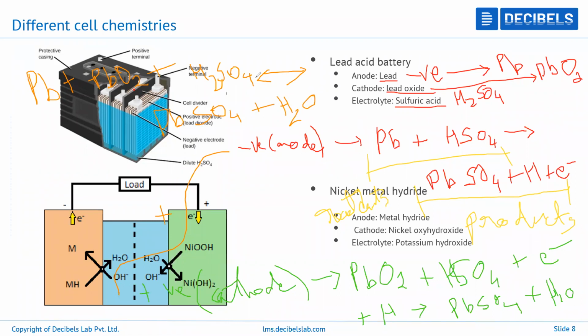This is your overall reaction, which I'll highlight like this. This combined reaction is called a redox reaction. The two reactions have to occur simultaneously for the battery to work. These are the primary reactions that occur within the lead acid battery.